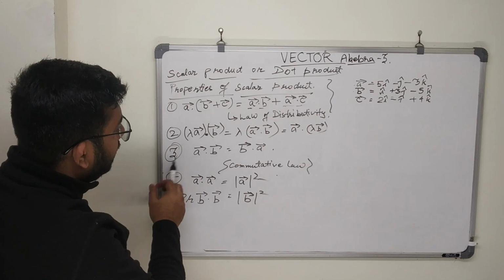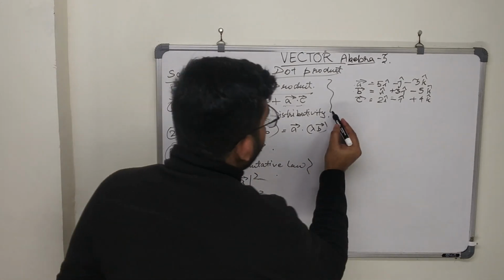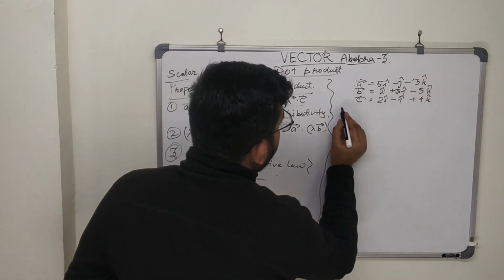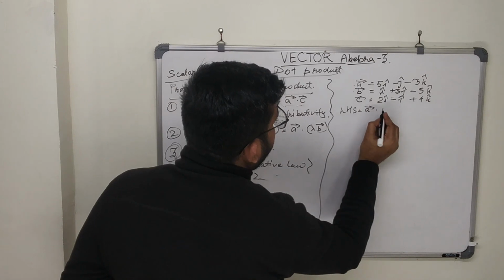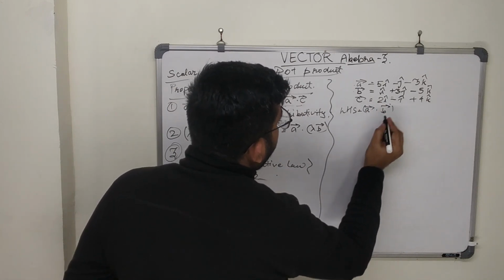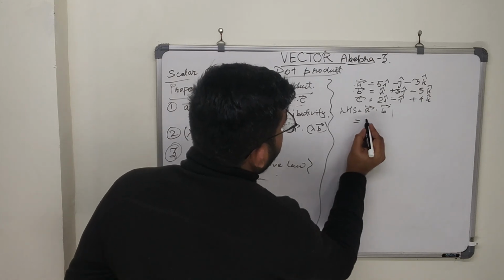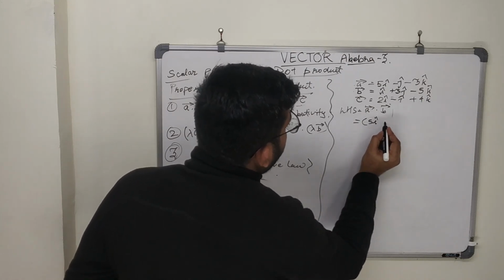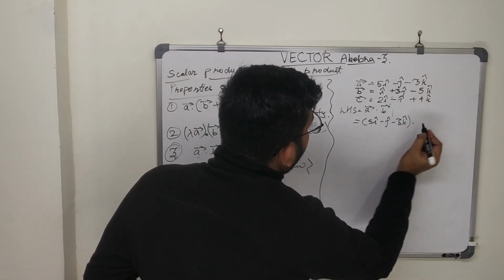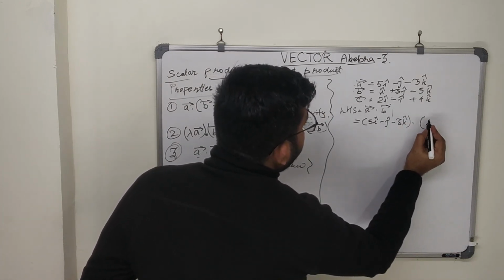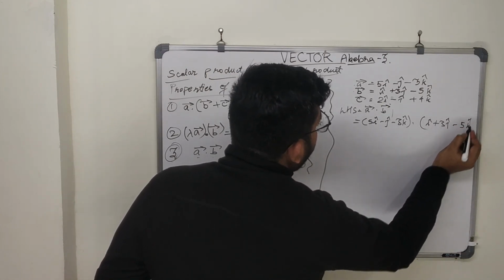Now first proving the third property, that is a vector dot b vector is equal to b vector dot a vector. So we will apply it here, that is LHS is equal to a vector dot b vector. We put the values, that is 5 i cap minus j cap minus 3 k cap dot b vector, that is i cap plus 3 j cap minus 5 k cap.